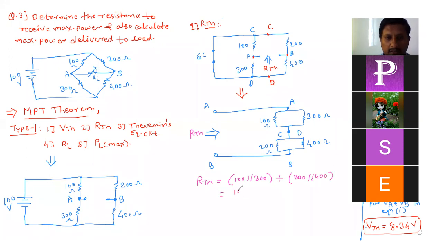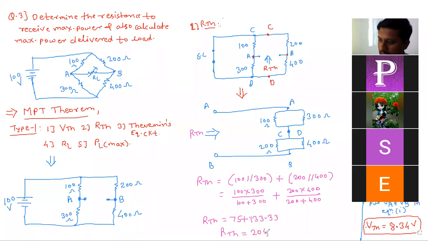So you can do the calculation: 100 into 300 divided by 100 plus 300, plus 200 into 400 divided by 200 plus 400. So RTH is equal to, see what the calculation comes to: 75 plus 133.33. So total RTH we can get as 208.33, unit is ohm. So this answer we can get.